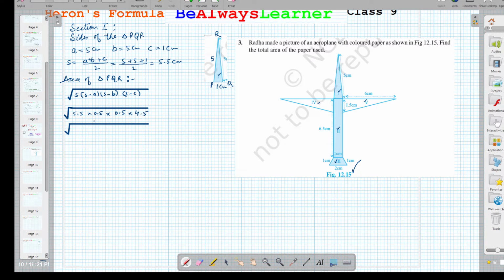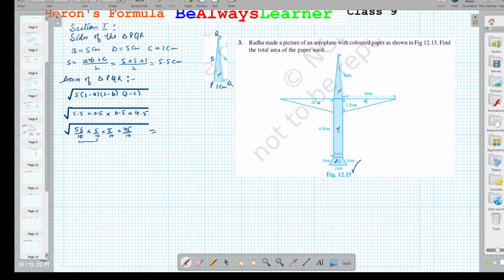So we have 5.5, which we can write as 55 by 10, multiplied by 5 by 10, and 5 by 10, and 45 by 10. That's how we can easily write it.